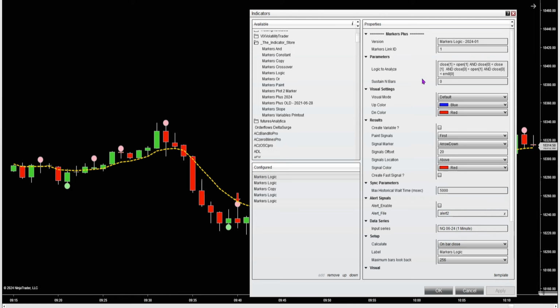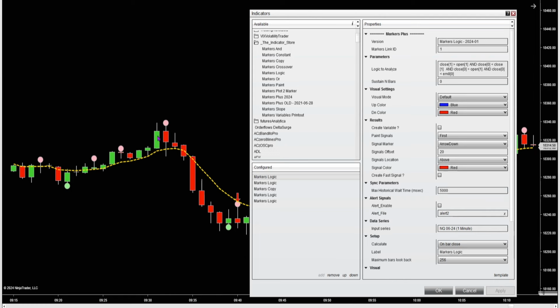So for the short signal, I've got the close of 1 bar ago is greater than the open of 1 bar ago. Here's our first bar. The close is greater than the open, and the close of the current bar is less than the close of 1 bar ago.